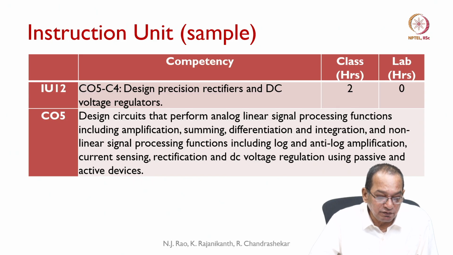This is the overall course outcome. Within that, a specific competency that is the focus of this instruction unit is as given above: design precision rectifiers and DC voltage regulators.